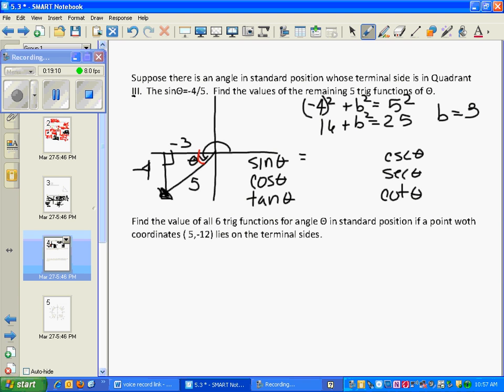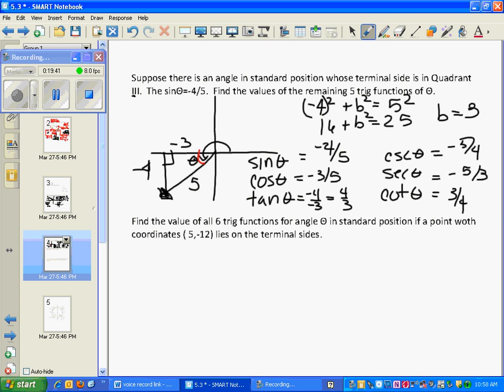So our numbers should validate that. Sine, negative 4/5. So that means cosecant is negative 5/4. Cosine, negative 3/5. Secant, negative 5/3. Tangent, negative 4 over negative 3, which is actually positive 4/3. See how that works? Reciprocal becomes 3/4, and I'm done.